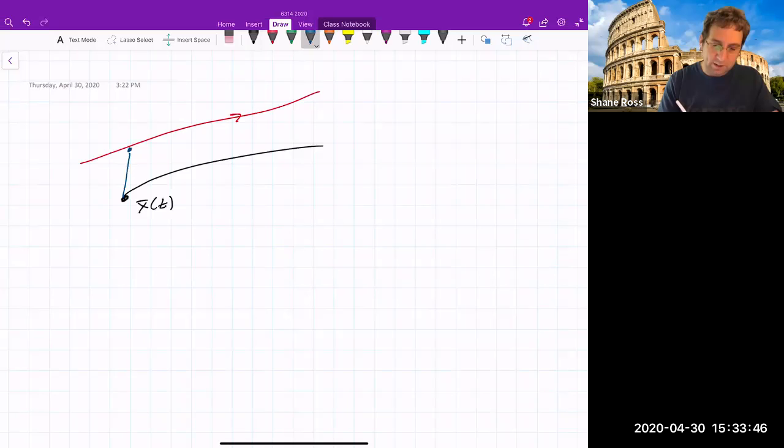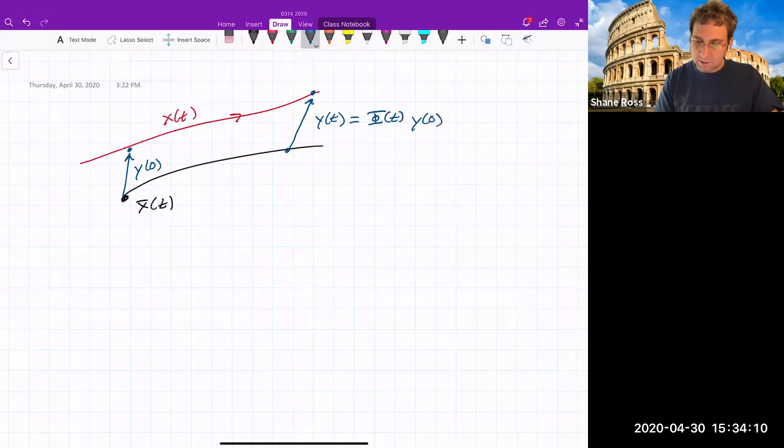So we assume that this other trajectory that we'll call just x of t is displaced only by a small amount. So here is the initial displacement, and then at some later time, the red trajectory is displaced a different amount, and the initial displacement is related to this displacement after an elapsed time t through this state transition matrix.